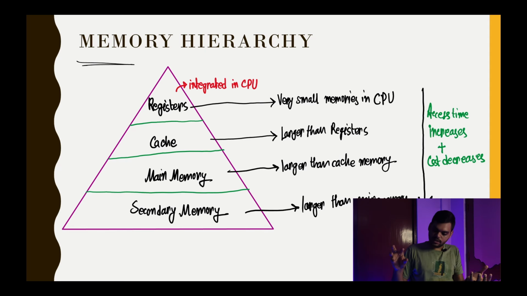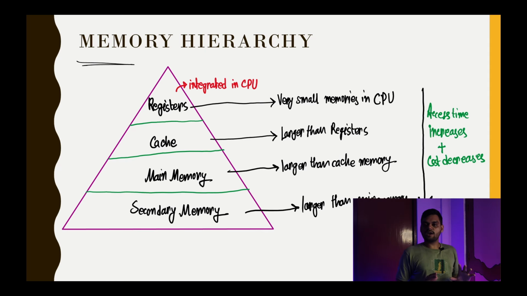After that, it can access from the main memory, and it will be a bit time consuming. After that, we have secondary memory. To access the secondary memory data, the CPU will take much more time than fetching from the main memory. The time taken to access the data will eventually increase.